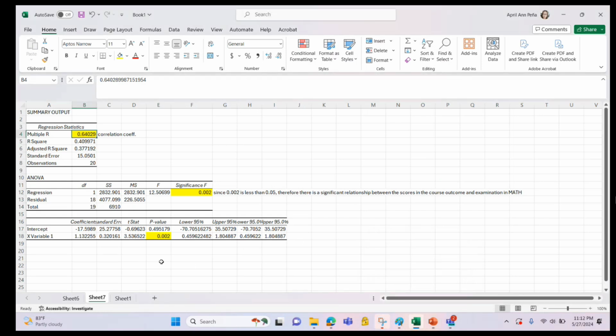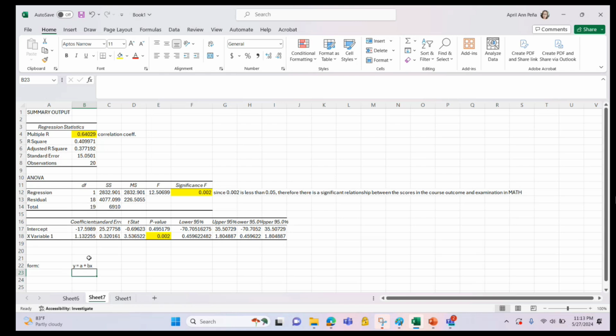Remember that in the regression, we have the form y equals a plus bx. This is the format. You're just going to substitute the a and the b. And where will they come from?